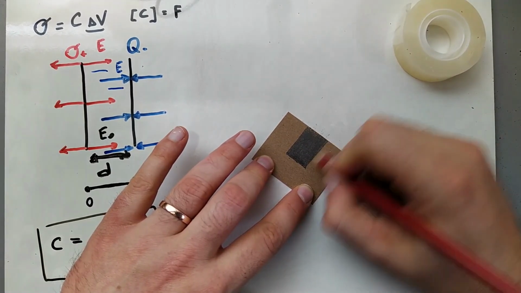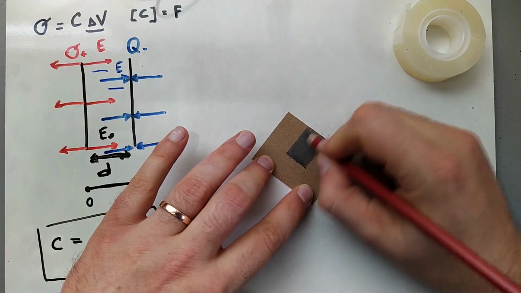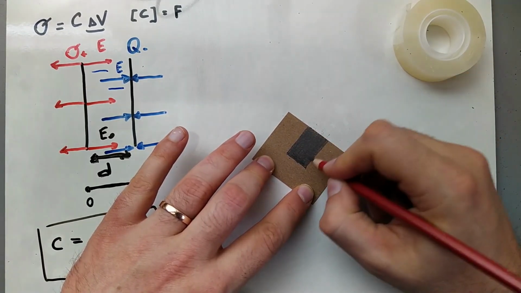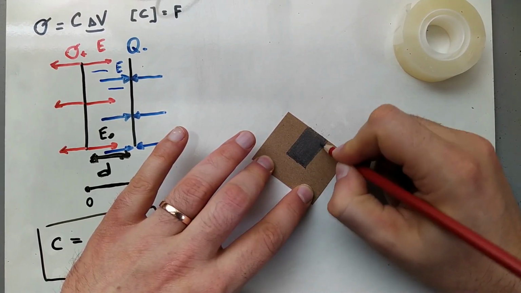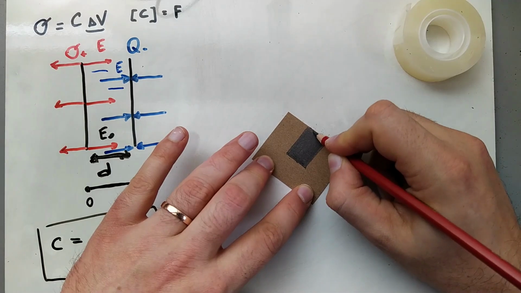So graphite is a good conductor, and it's kind of a semi-metal, more metal than anything else.